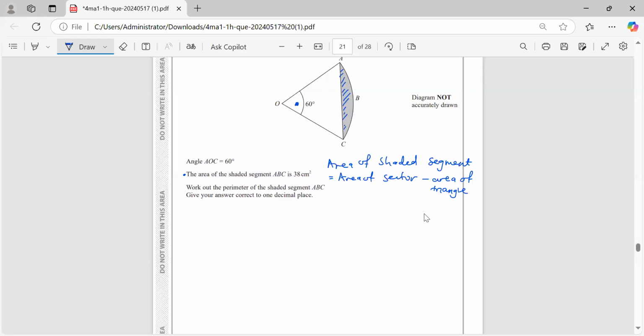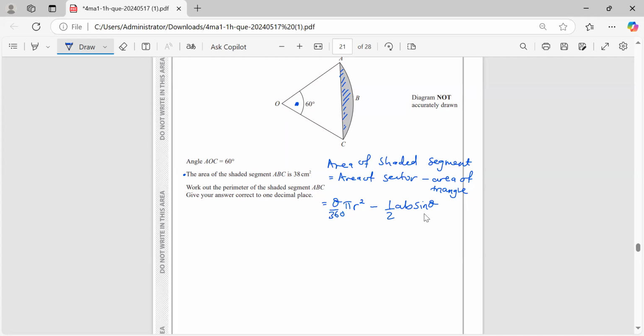So the area of the sector, we use theta over 360 pi r squared, minus the area of the triangle. For the area of the triangle, they used half AB sine theta, which is sine 60, right?